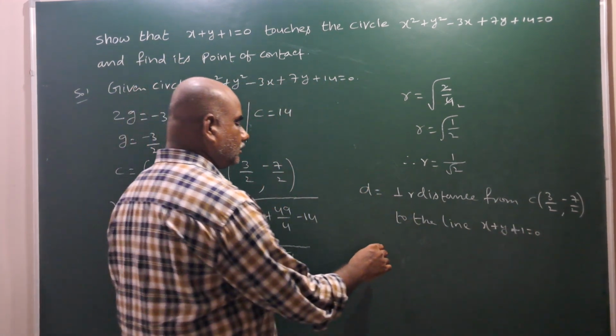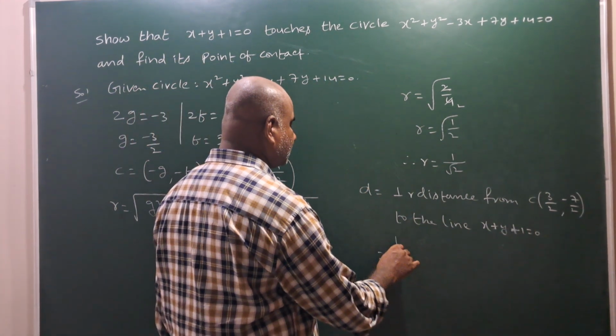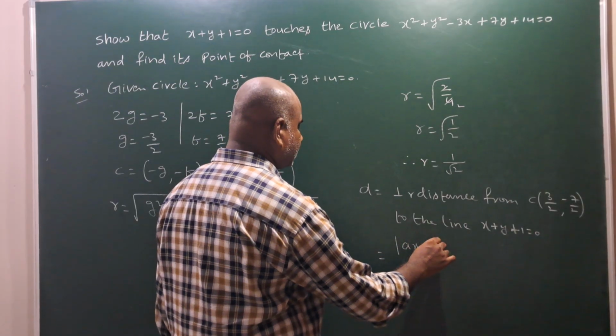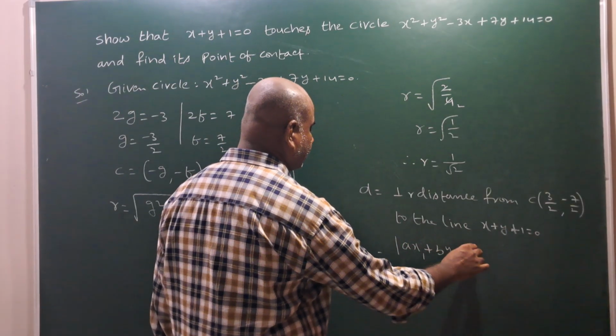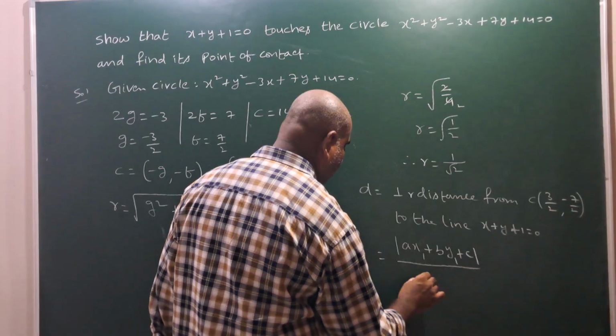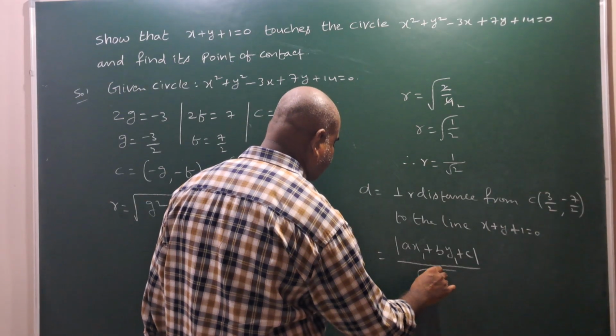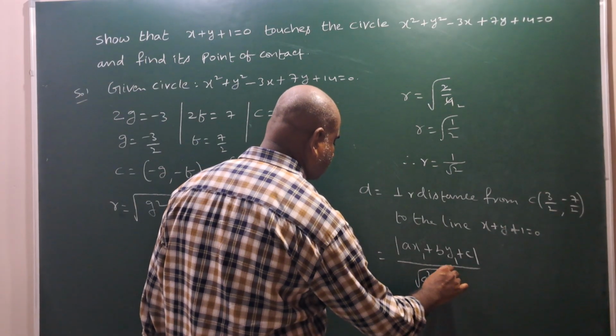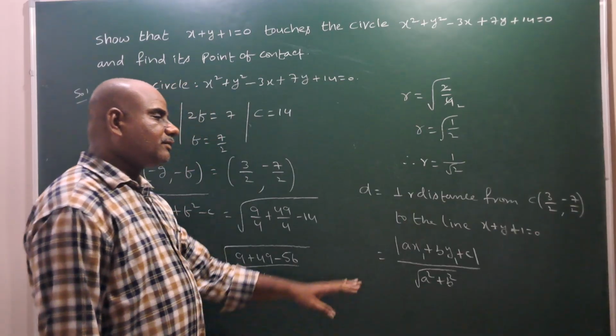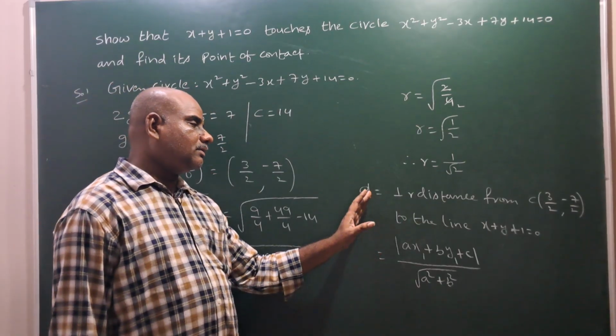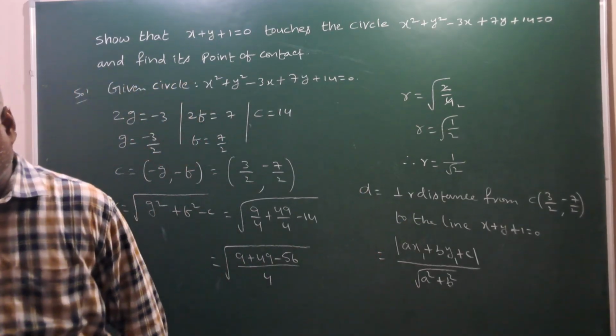So what is the formula for perpendicular distance? It is |ax₁ + by₁ + c| / √(a² + b²). By using this formula we can calculate the value of d. Okay, let us see the continuation.